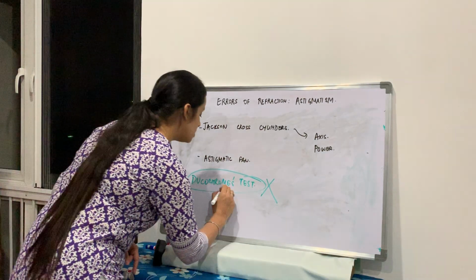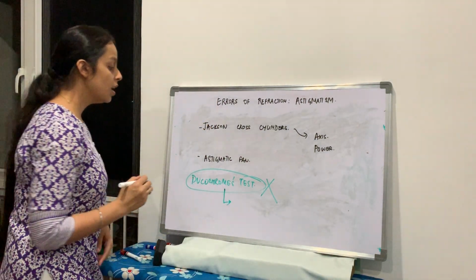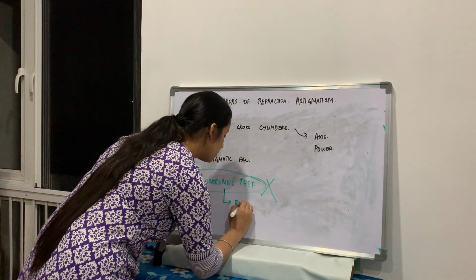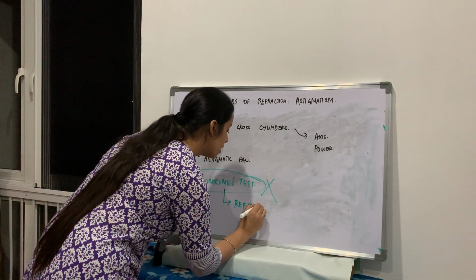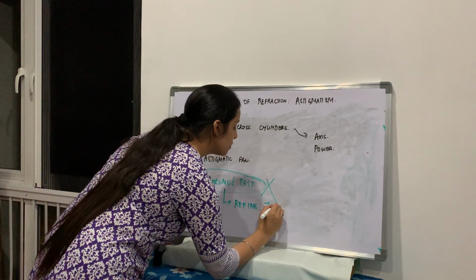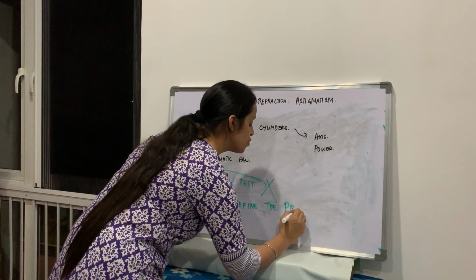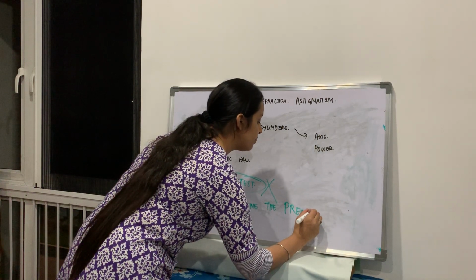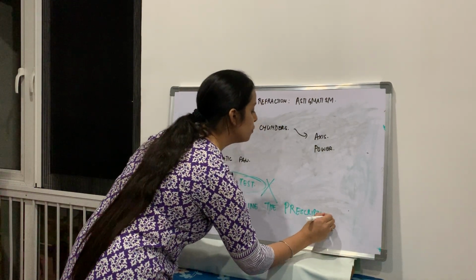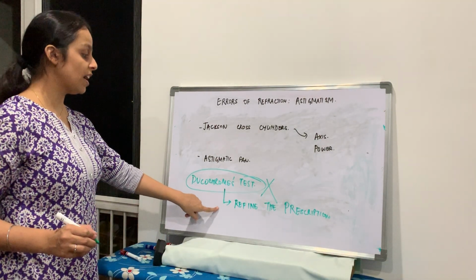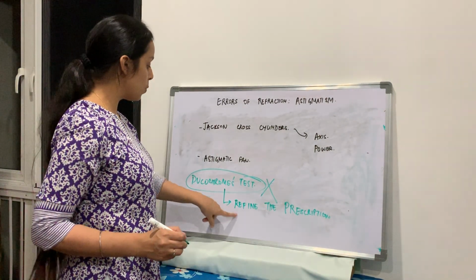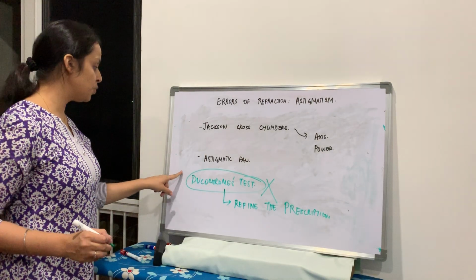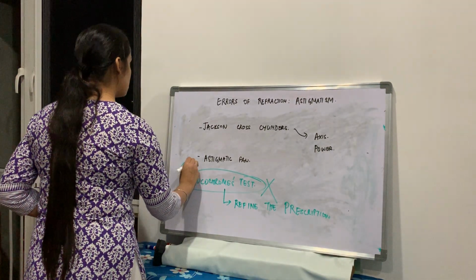You might get it as an MCQ that it is used to refine the prescription of spectacles of a patient. After you've given spectacles to the patient, you can refine it more with the help of a duochrome test. So please do remember, this is also a question.